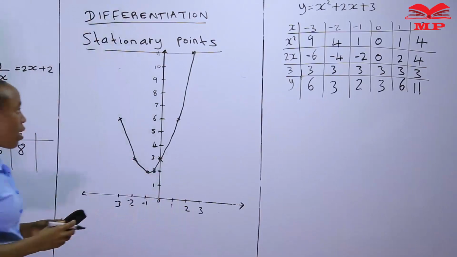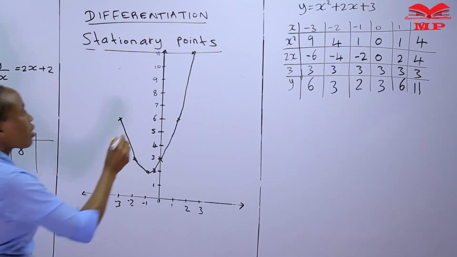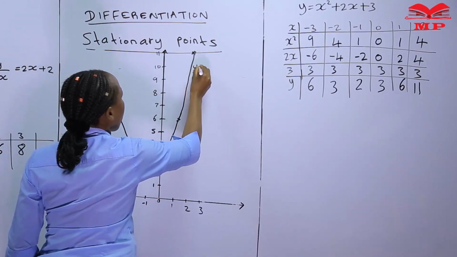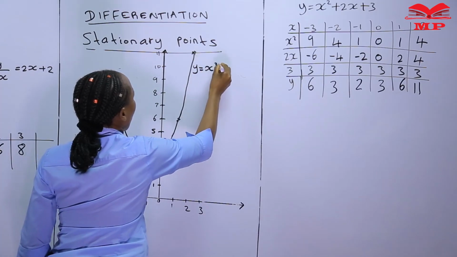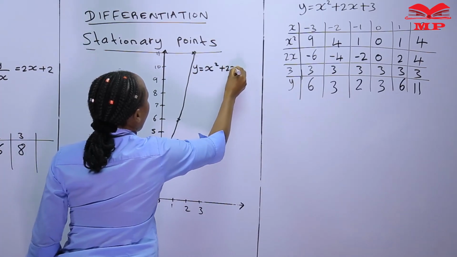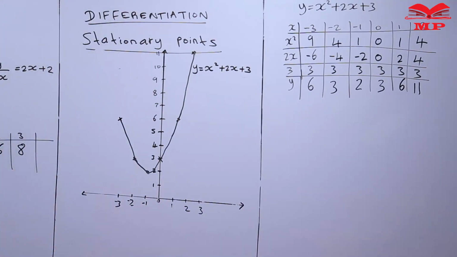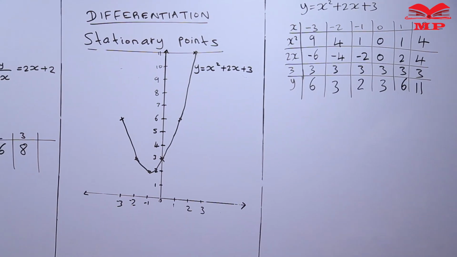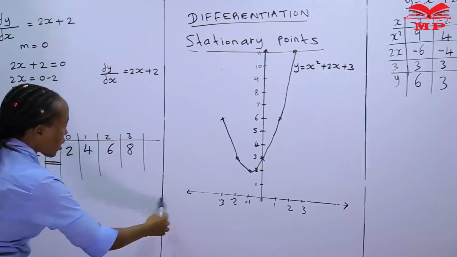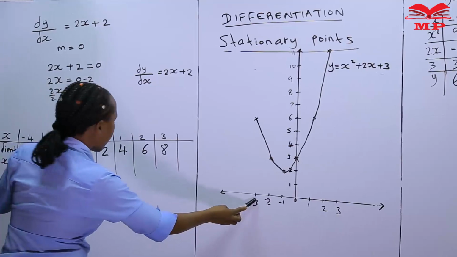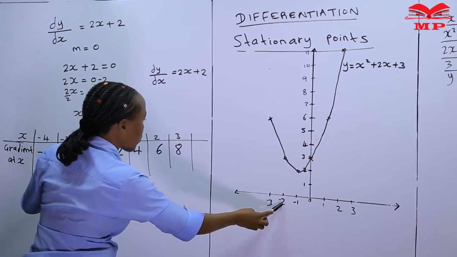That's the curve, and the equation of the curve is y is equal to x squared plus 2x plus 3. We can see clearly from this table the values of x on the left hand side of 0, from -4, -3, -2.